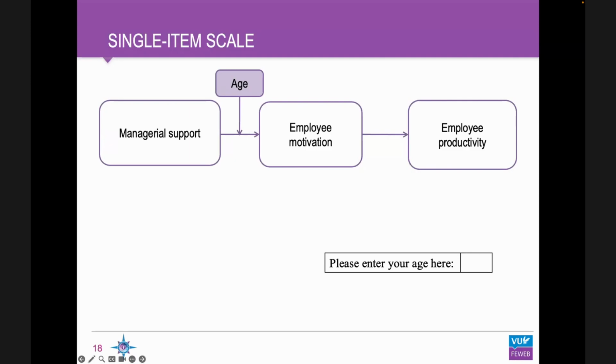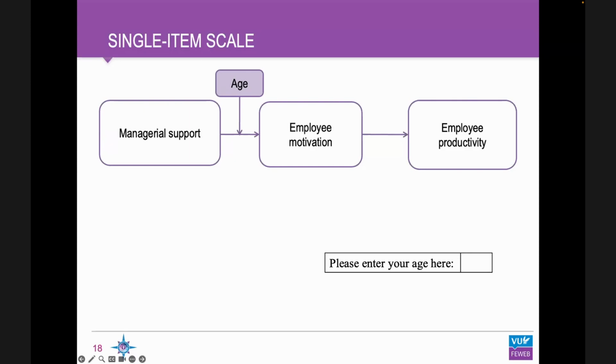So as I said, these items are also questions, and we can have single item measures versus multi-item measures. Single item measures are for when you want to measure simple constructs, factors or concepts, which all mean the same thing.